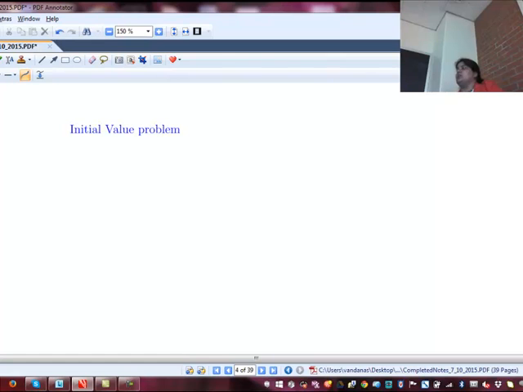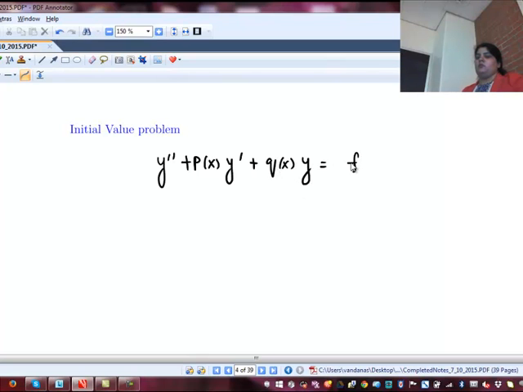A second order differential equation will also give you a unique solution if you specify initial conditions. So if I have this problem, non-homogeneous only, how many initial conditions do I need in order to get a unique solution? For a second order differential equation, how many initial conditions do we need? 2.